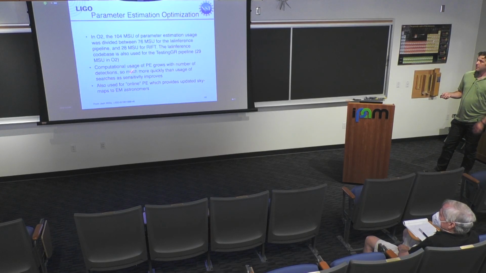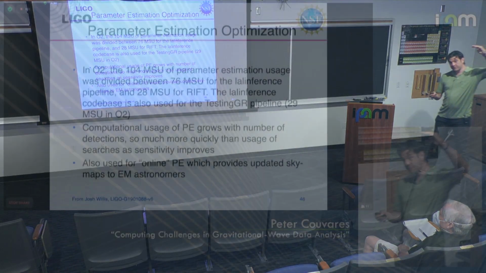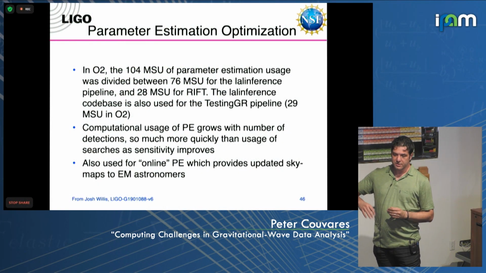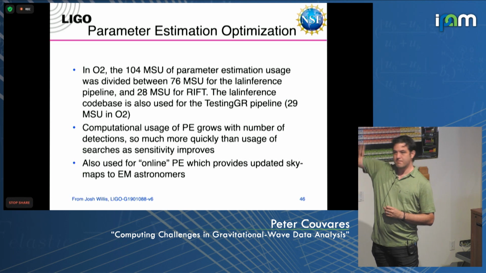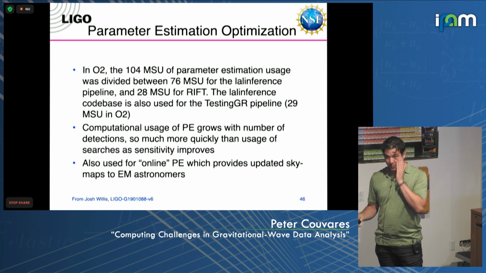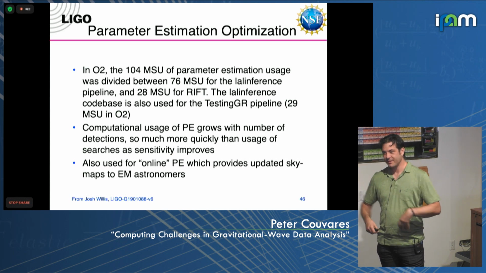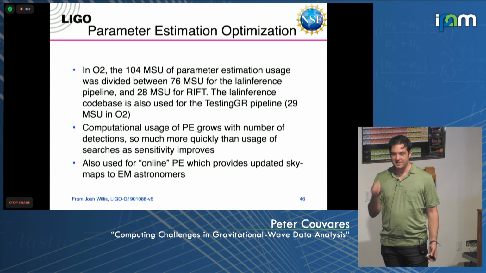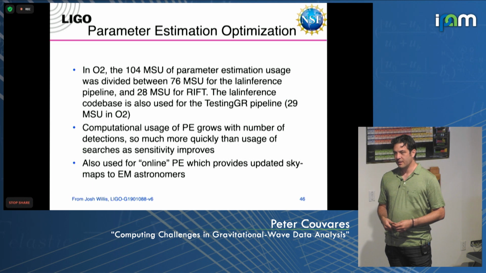Parameter estimation. As the cost of the CBC search, finding the signal in the data, has gone way down, the cost of parameter estimation is growing tremendously because suddenly we have signals, right? Before it was, we have no signals, we need to find one. Now it's, oh my God, the detector is in O4, we're going to be getting a ping every few minutes. There are signals coming in constantly.